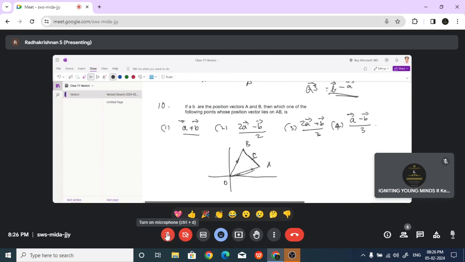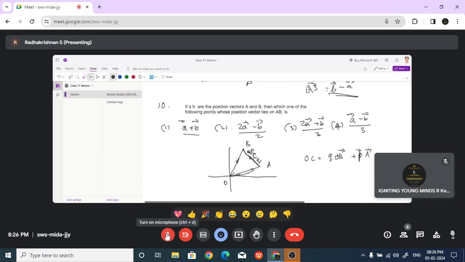If OA is a position vector and OB is a position vector, any point lying on the line, suppose that point divides it in the ratio P to Q, the position vector at this point is equal to Q into B vector plus P into A vector.